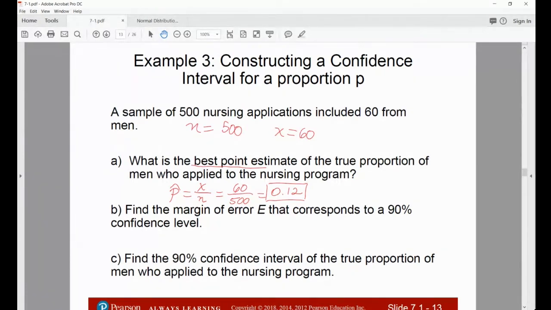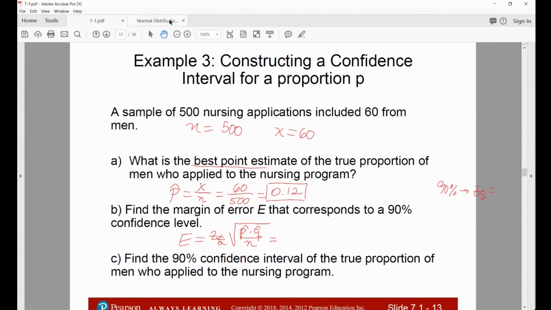Now in part B, we want to find the margin of error that corresponds to a 90% confidence level. So the margin of error formula is the critical value Z alpha over 2 times the square root of P hat times Q hat divided by N. In order to use this formula, we need the critical value Z and Q hat, and we already have P hat and N. So for a 90% confidence level, what's the critical value?